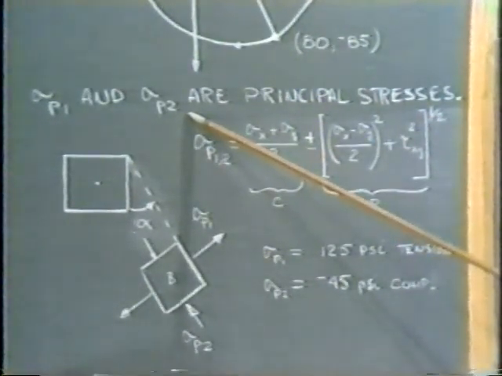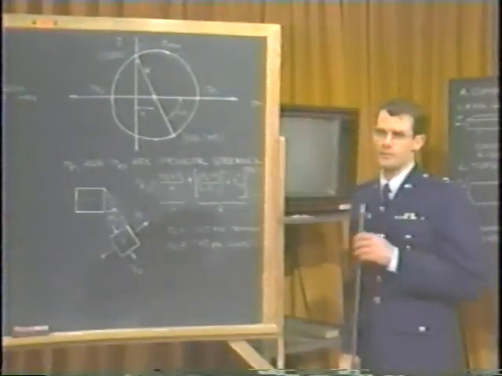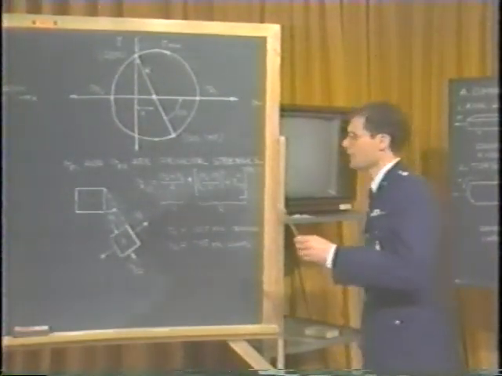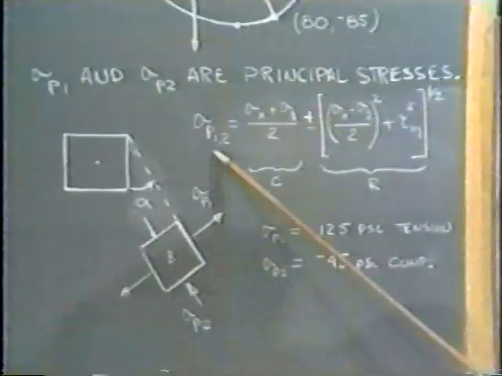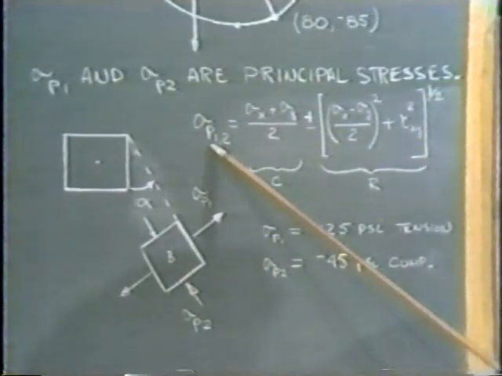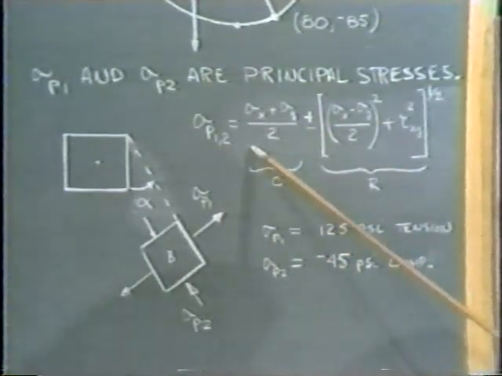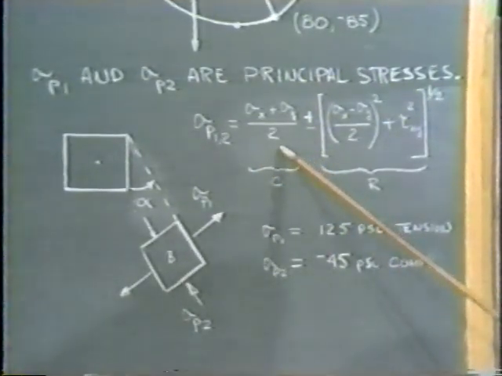There are several geometrical or algebraic techniques used to find the two normal stresses. I've chosen here to represent them both in the same formula: the first principal stress and the second. Both can be represented by summing the normal stress in the x direction and the normal stress in the y direction and dividing by 2, or finding the average stress.